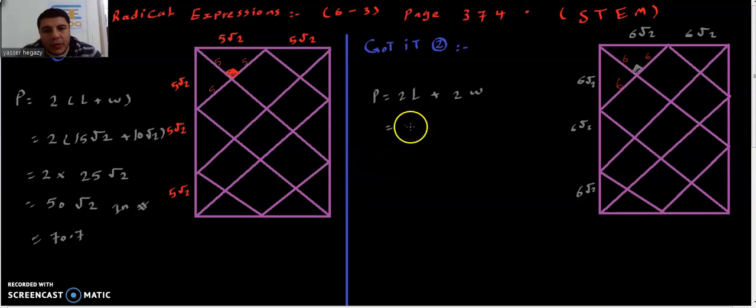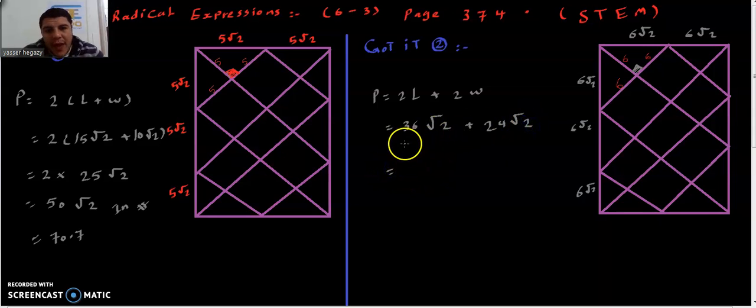18 multiplied by 2 will be 36 square root of 2, plus here we have W, which is width. 6 square root of 2 plus 6 square root of 2 will be 12 square root of 2, multiplied by 2, it will be 24 square root of 2.